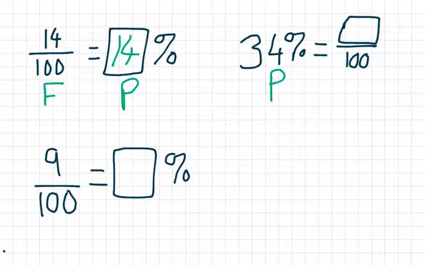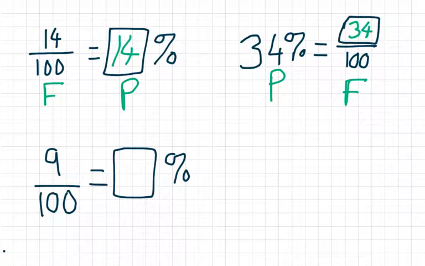Over here, here's our percentage, and I want the fraction. 34%, well, if I've coloured in 34 of my 100 squares, that would make it 34 out of 100. So the fraction is 34 hundredths. Can you see how they're all linked?